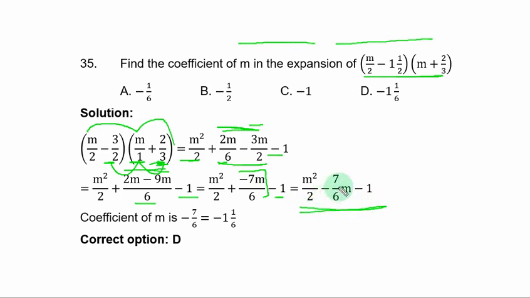So the coefficient of m is minus 7 over 6. In mixed fraction, minus 1 whole number, 1 over 6. D is the correct option.